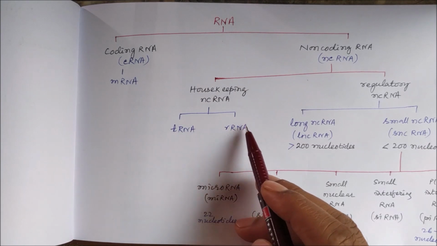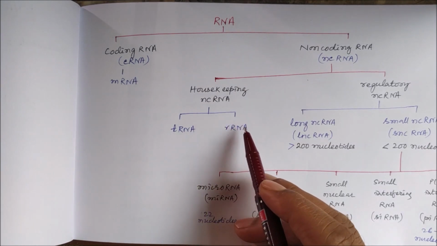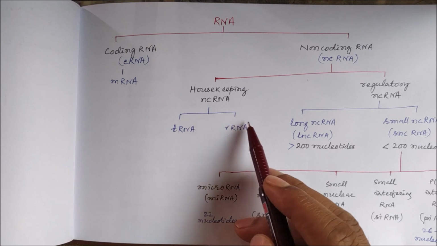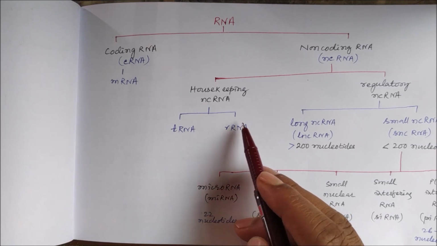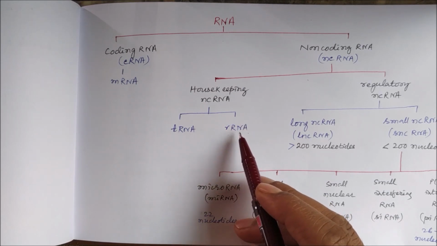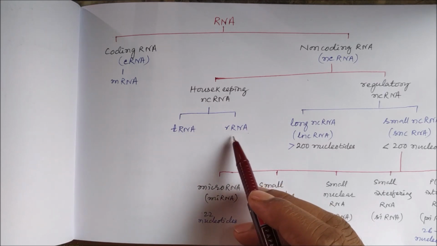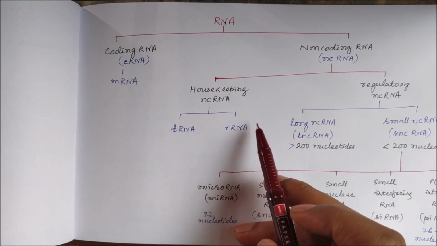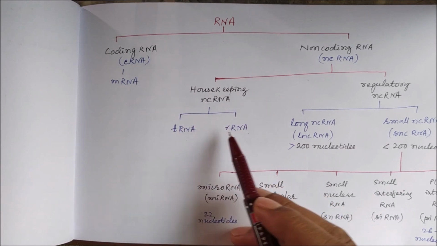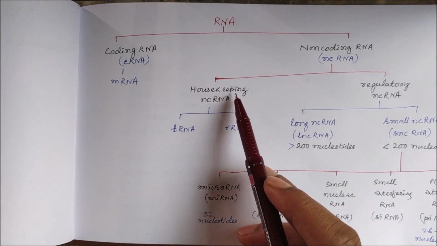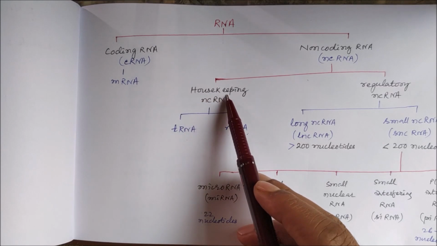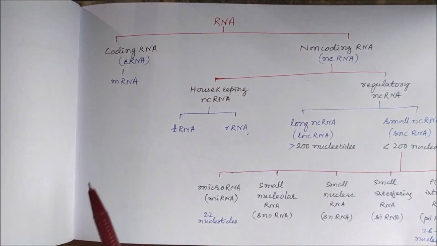And similarly, ribosomal RNA has a role because it forms the ribosome with protein. It forms a nucleoprotein called ribosome, and that ribosome is the site of protein synthesis. So in this way, transfer RNA and ribosomal RNA help, and that's why we call them housekeeping non-coding RNA.